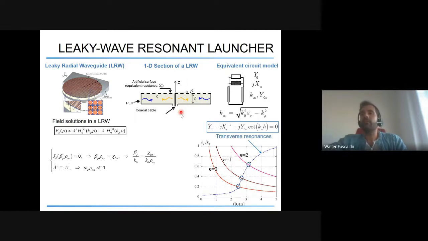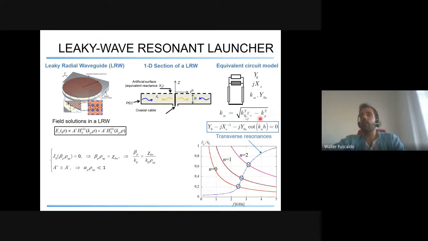If we analyze the one-dimensional section of this device, we can also get a simple equivalent circuit model of the structure, reported here on the right, that can be easily solved through the application of the transverse resonance technique, which gives a dispersion equation for this transverse equivalent network. The roots of this dispersion equation will give the transverse resonances of the structure, and in particular the leaky modes that will propagate in the structure.